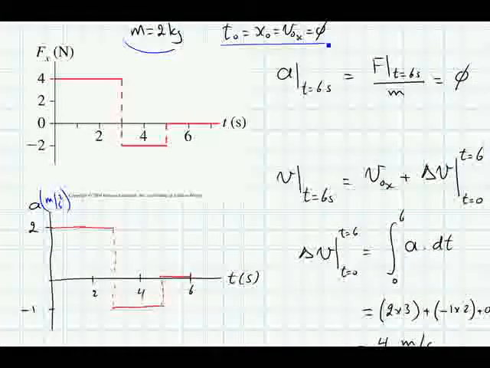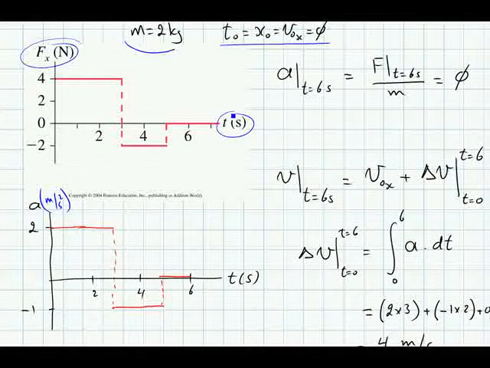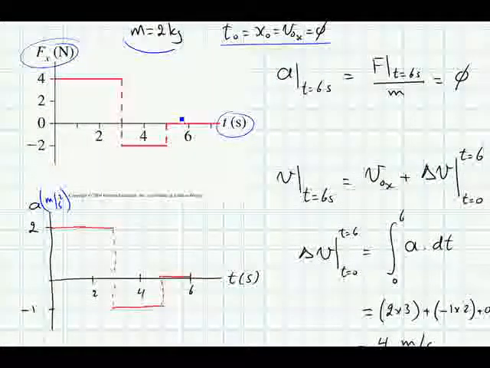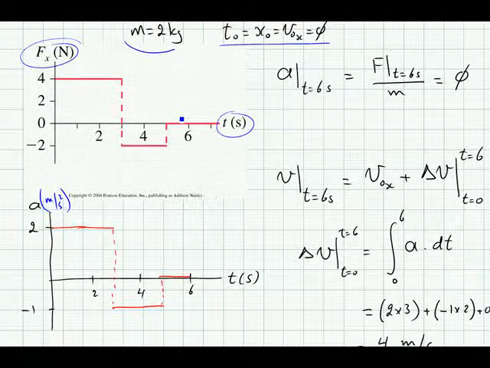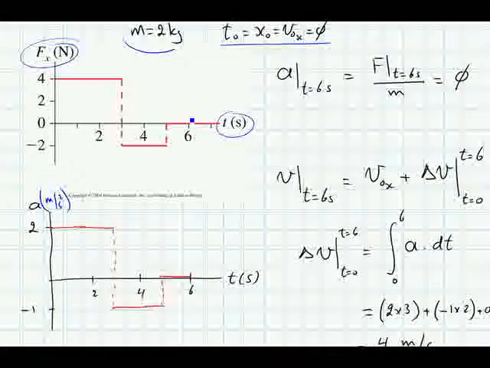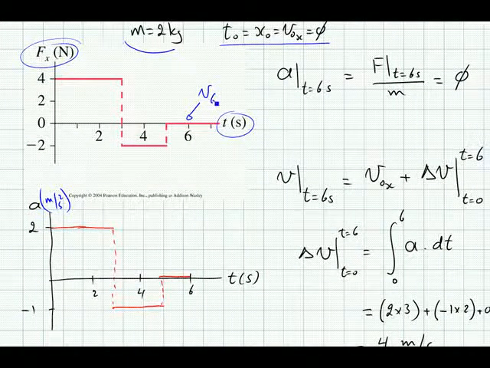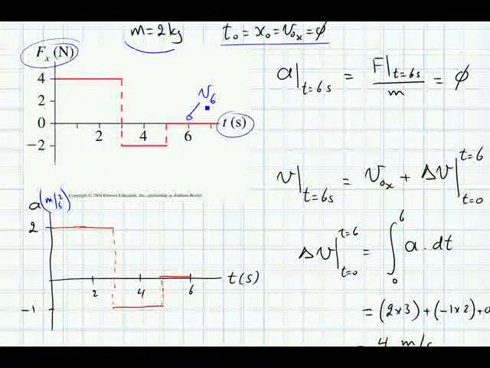The force versus time is shown in this graph here, and we are asked to figure out what the velocity of the object is after 6 seconds, i.e. the velocity at 6 seconds here.